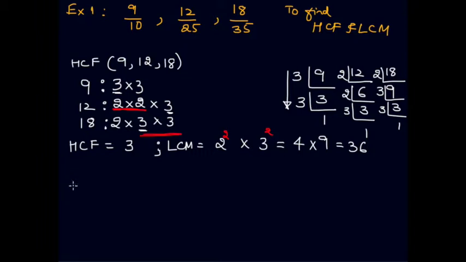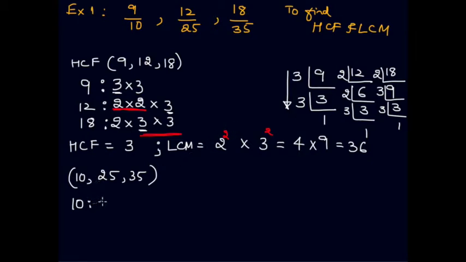Next, let's take the denominators 10, 25 and 35. Here I will not show the factorization, I will just list it out. Once you guys get familiar with this, even you will be able to list it out quite easily. You don't have to always count upon upside down division.